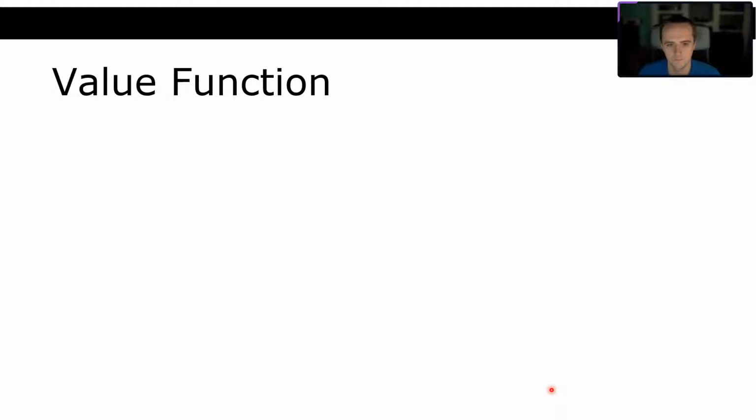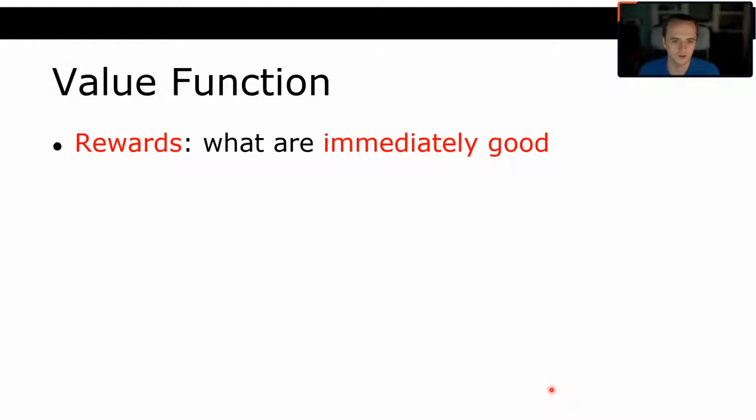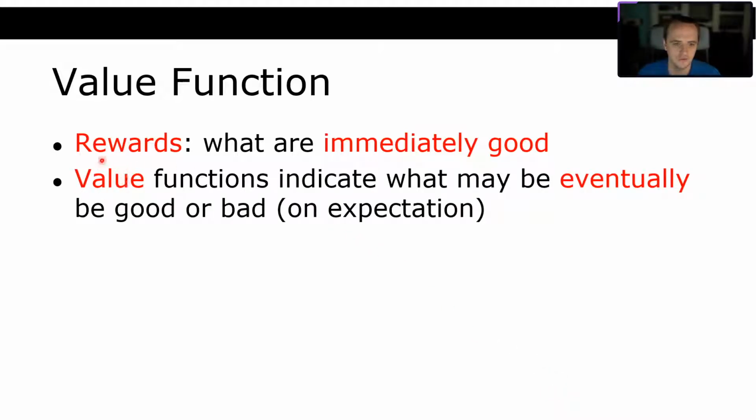Okay. Next, we have something called the value function. So rewards are what is immediately good, right? So the reward for taking an action at a given state is what is immediately good or immediately bad. A value function is applied to a state or a state action pair. And value functions indicate what may eventually be good or bad on expectation.